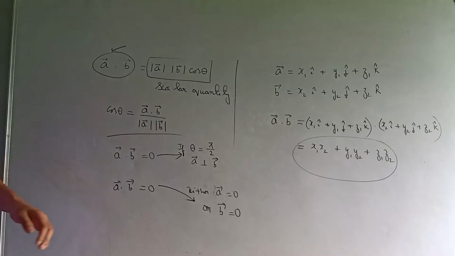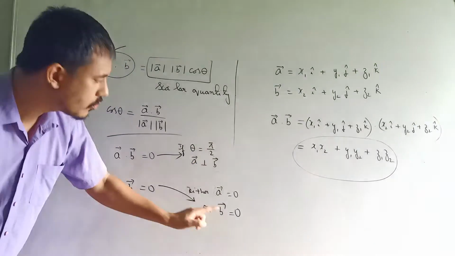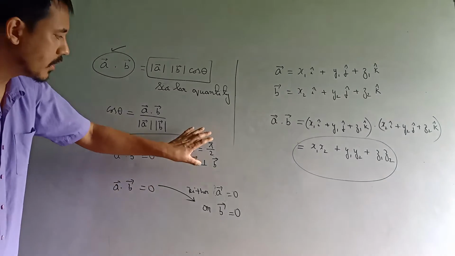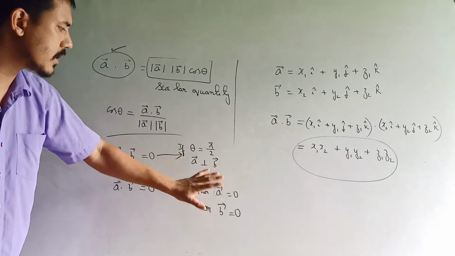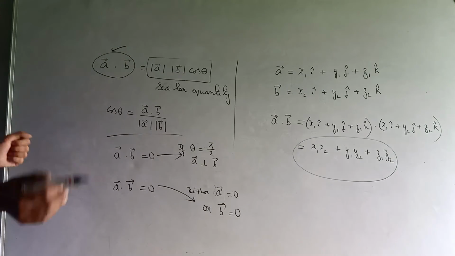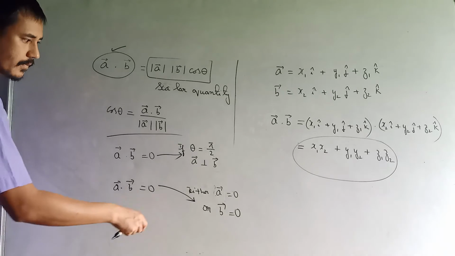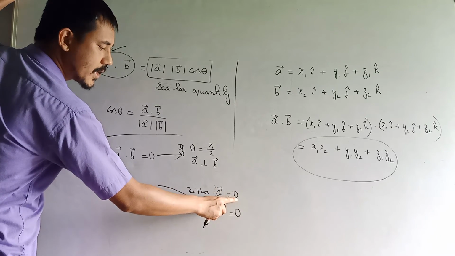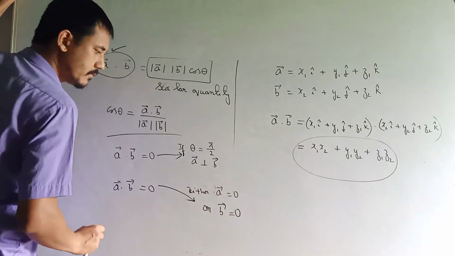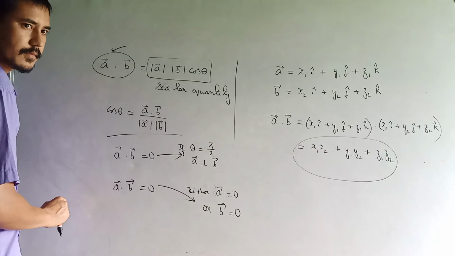Is it okay? The dot product of two vectors is 0, not only due to this condition or not only due to this condition. It can be any one of these conditions. Based on this, there can be many questions given. Suppose either A is 0 or B is 0, then A dot B is 0.